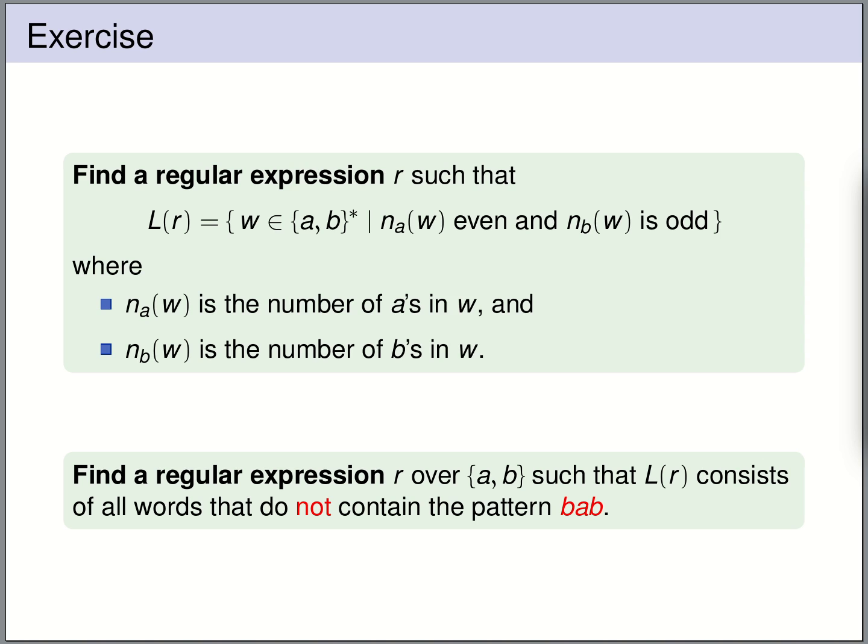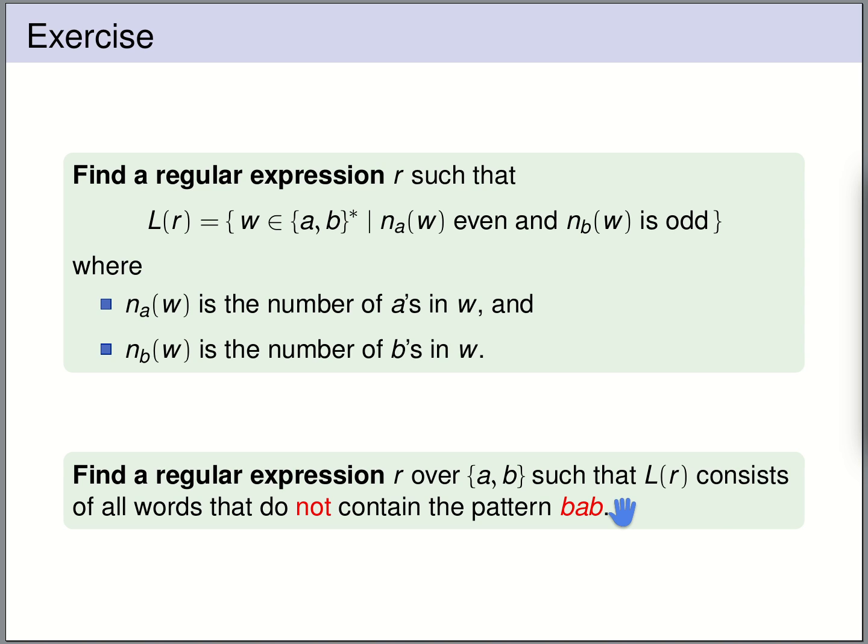The second exercise on the slide I will leave as an exercise to you. If you recall, we have already constructed an automaton that accepts the language in question, namely all the words over A B that do not contain the pattern BAB. How did we do this? It's relatively easy to construct a deterministic automaton that accepts all words over A B that contain a subword BAB.